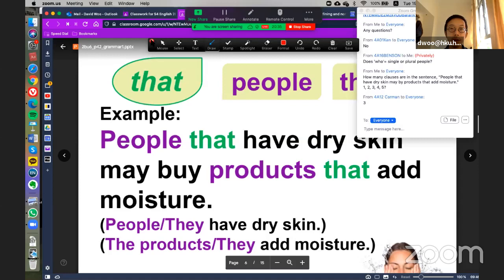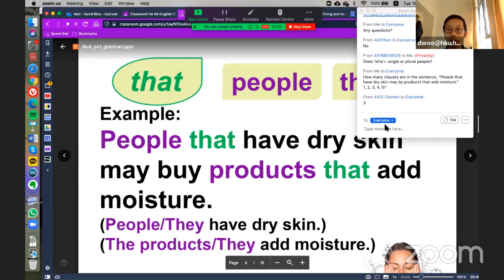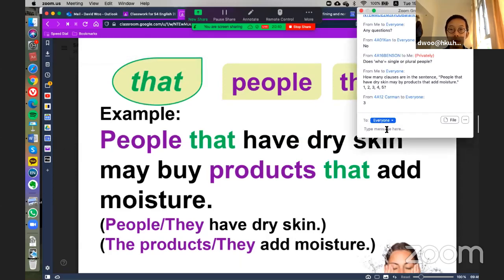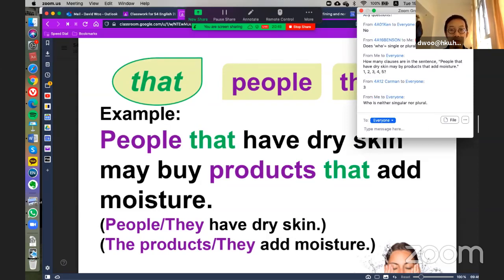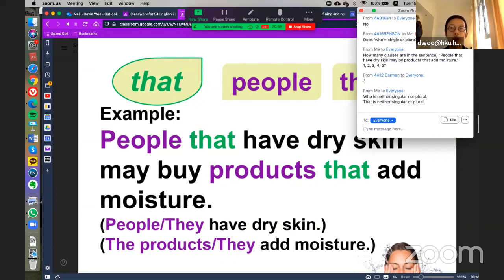Now, Benson asked a good question. Who is neither singular nor plural? That is neither singular nor plural. So relative pronouns, who, that, which, whose, do not convey number.